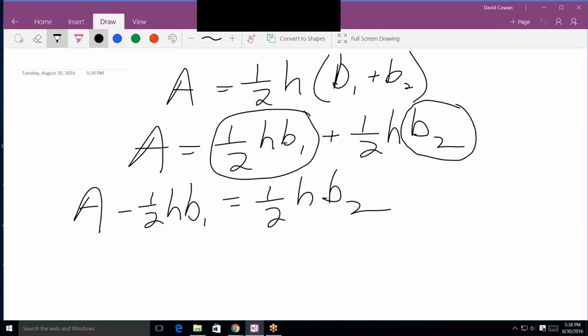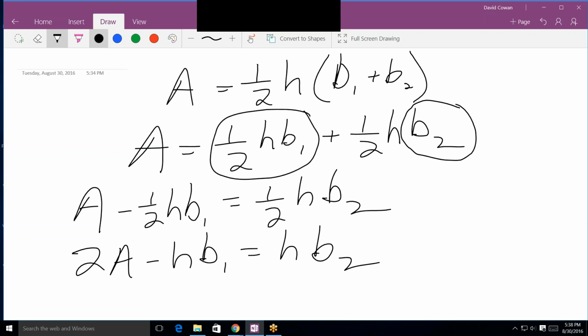If we multiply everything by 2, we'll get 2a minus h b1. See how I got that line? Because all I did was multiply every term on both sides of the equation by 2.